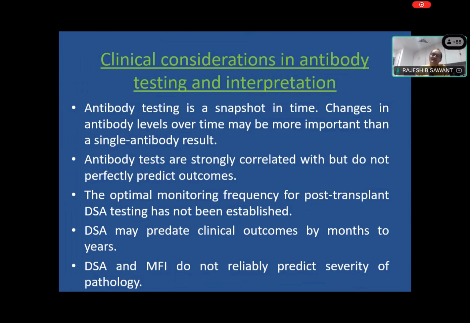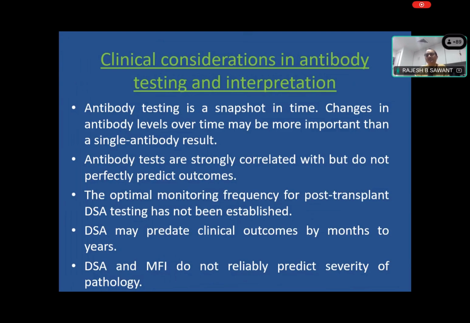But there are also rare patients where the antibody levels are only in the range of, say, 2000 or 3000 MFI, which may be considered clinically not very significant, but the outcome is very dismal. So we have to keep that in mind.